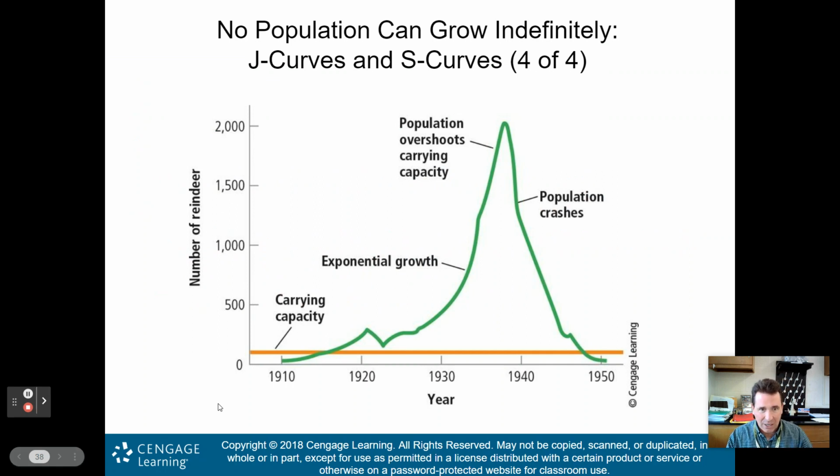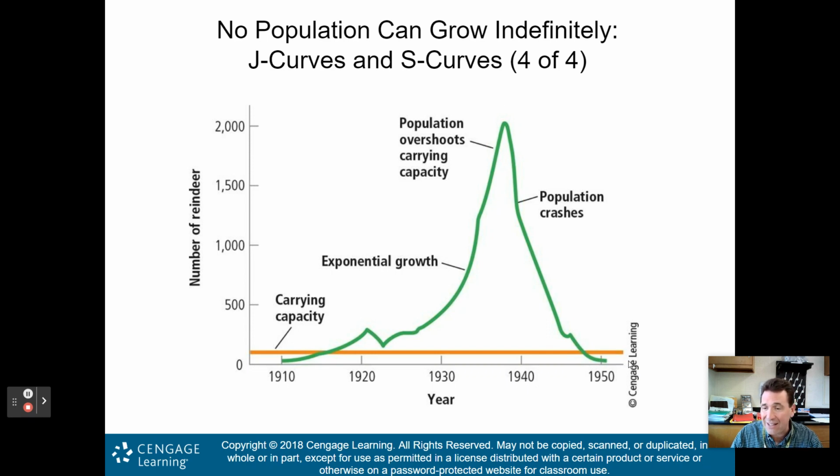That's what happened here back in 1910. Some deer, white-tailed deer, or some reindeer, were introduced to an area up in Michigan. And what they saw was, here was the carrying capacity, the amount of resources that really were around to support the reindeer population. But the reindeer population went through exponential growth initially, and ended up getting so many reindeer in the area, well above the carrying capacity, that the resources couldn't support them, and therefore the population just crashed.